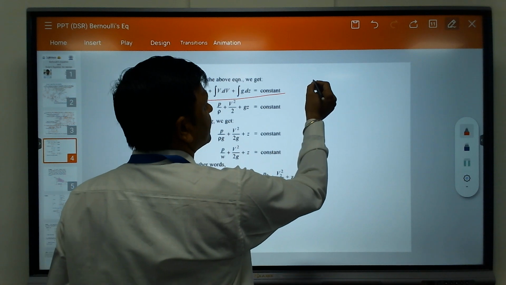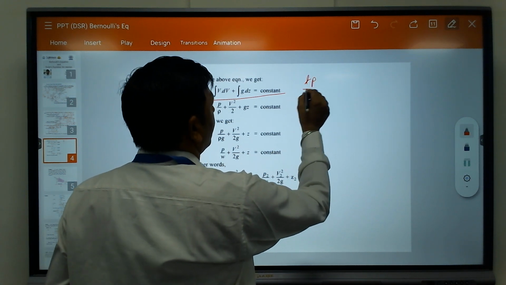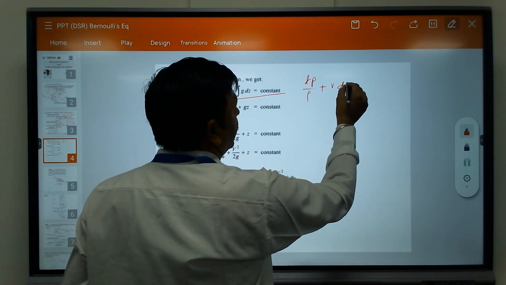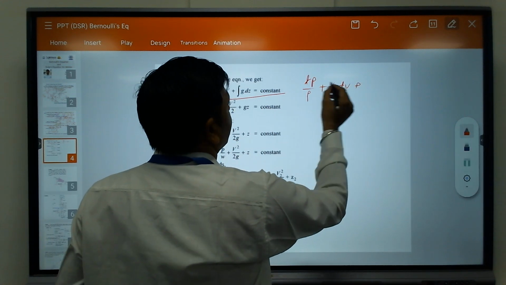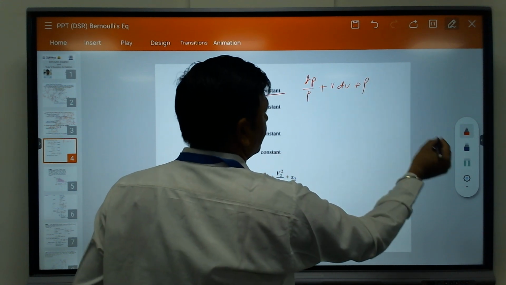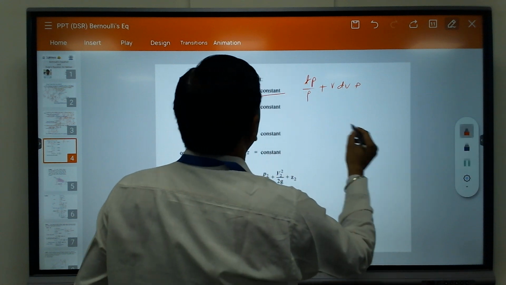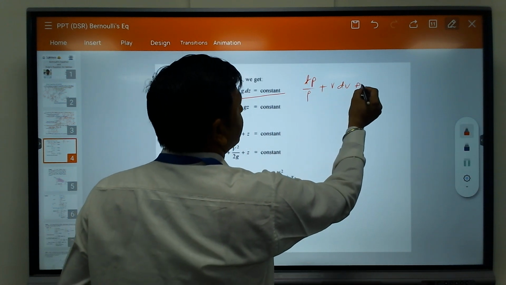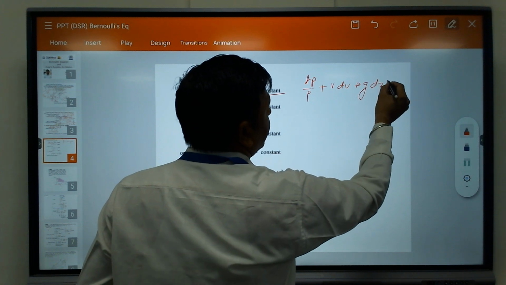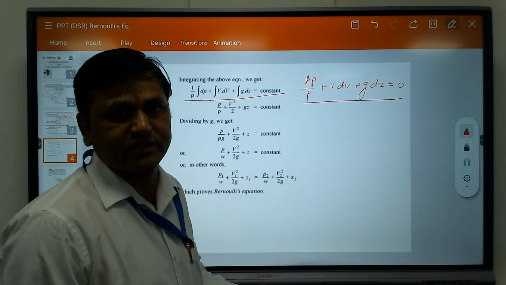What is it? dp over rho plus v dv plus g dz is equal to 0. This is Euler's equation of motion.